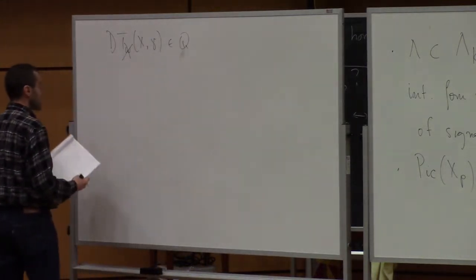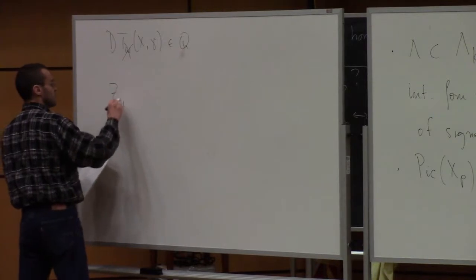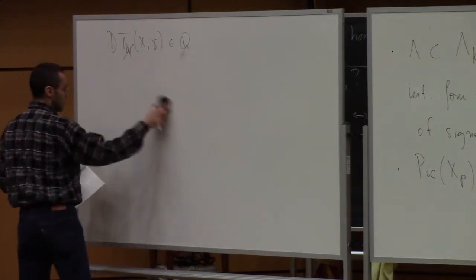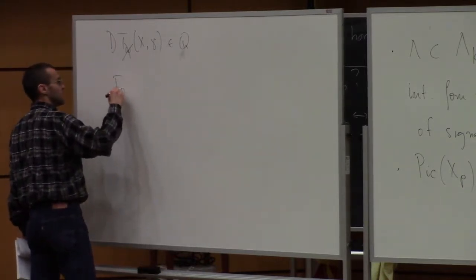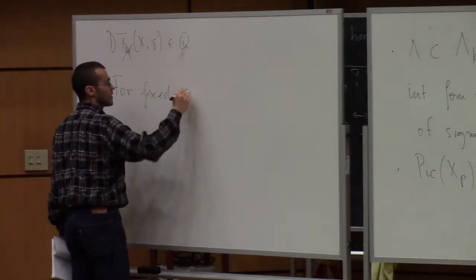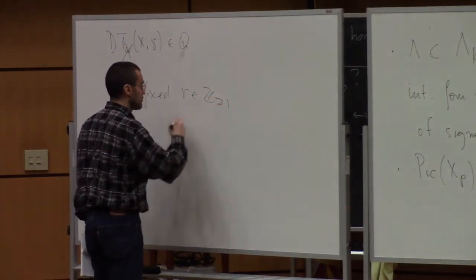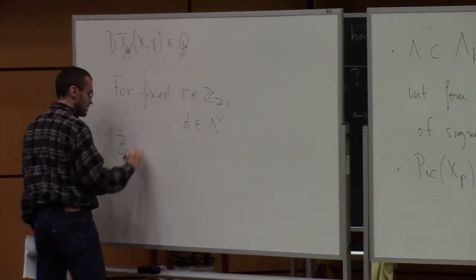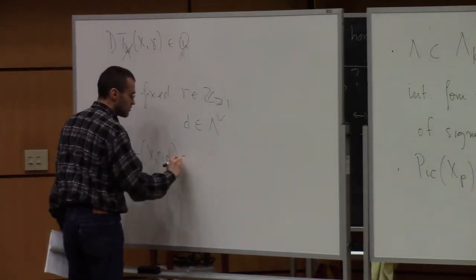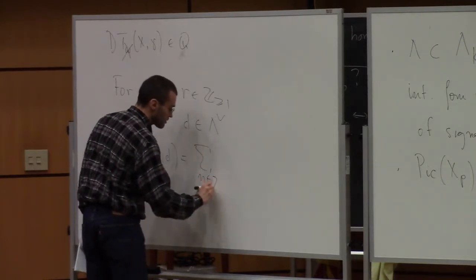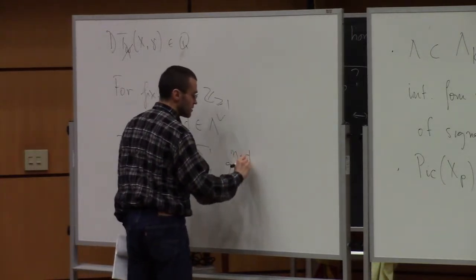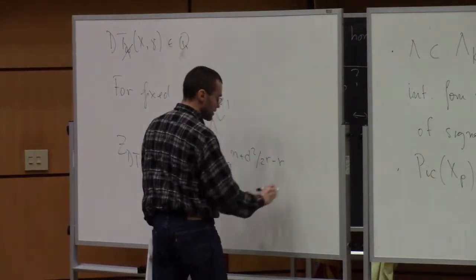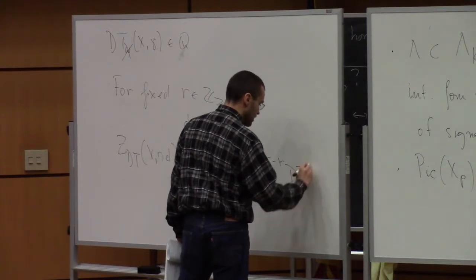All right. So then I make a generating function Z_DT(X). No, I'm sorry, I apologize. So for fixed r in Z positive and a D in Λ dual, I'm going to define Z_DT(X; r, D) to be a sum over all n in Z of q to the n plus D squared over 2r minus r, times DT_ω(r, D, n).